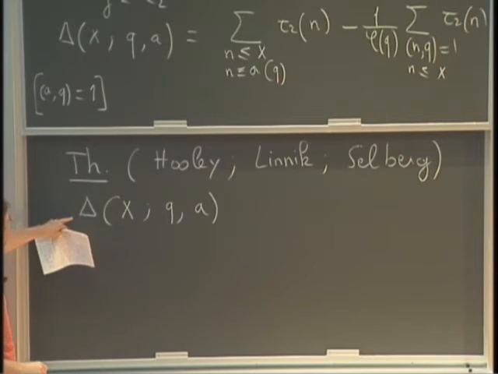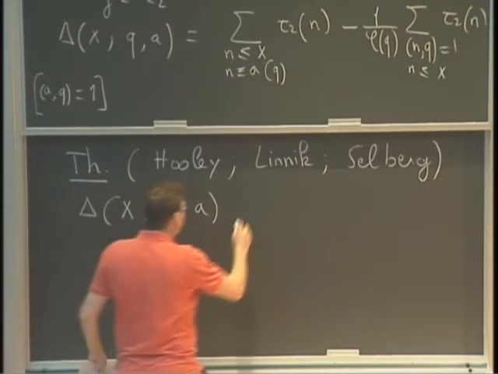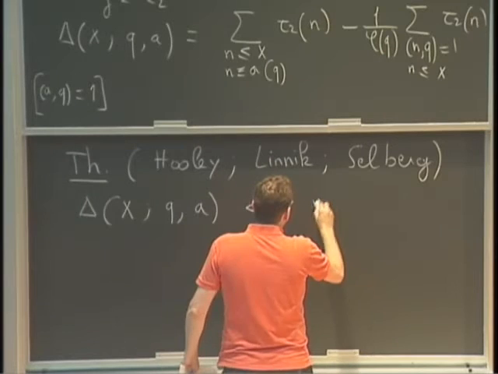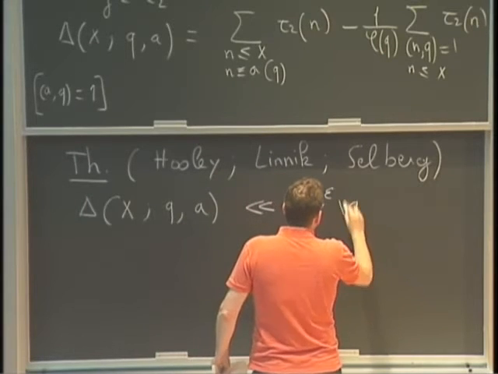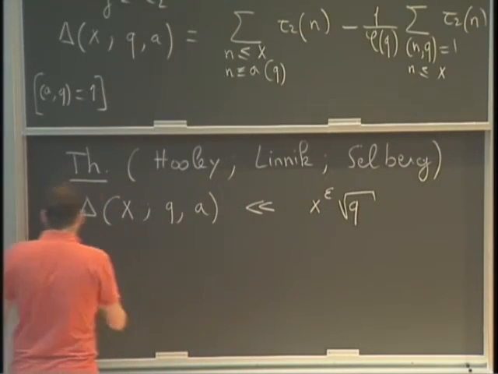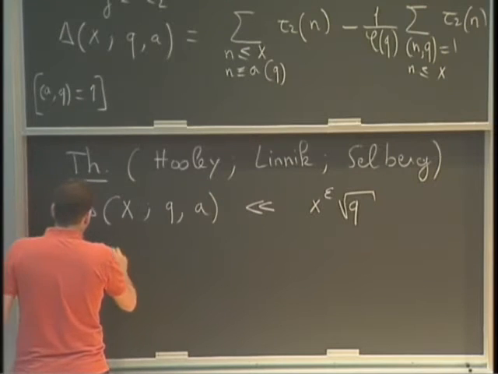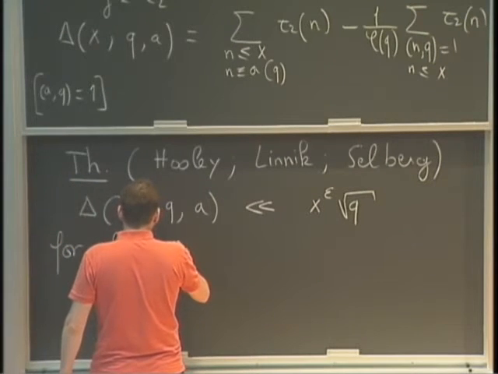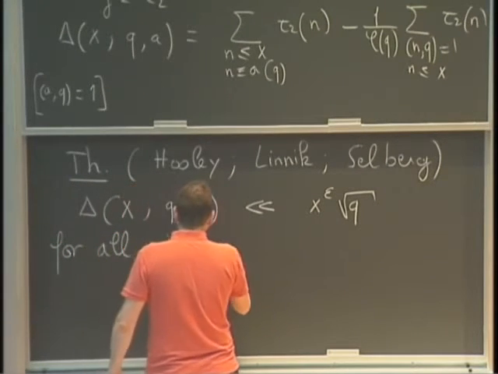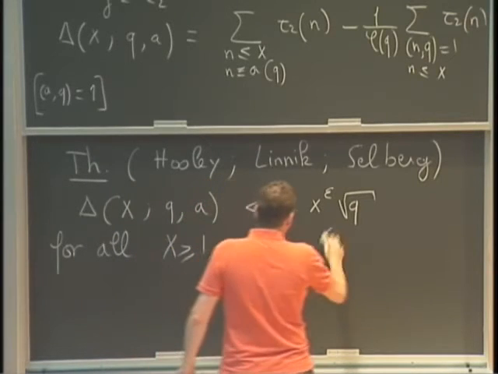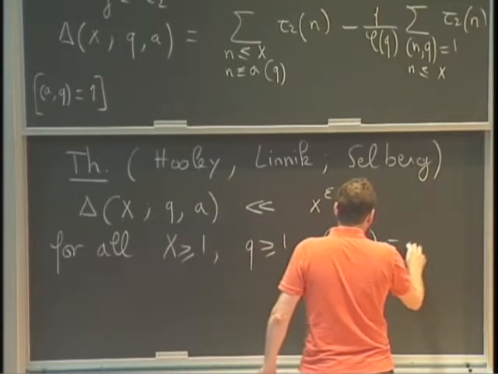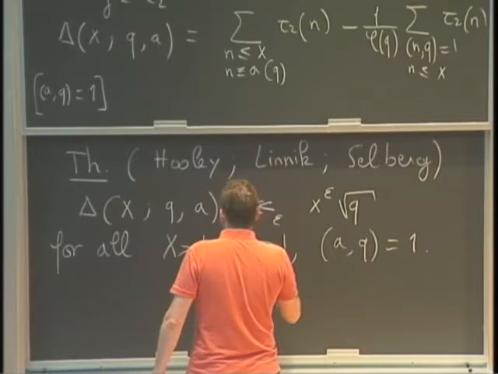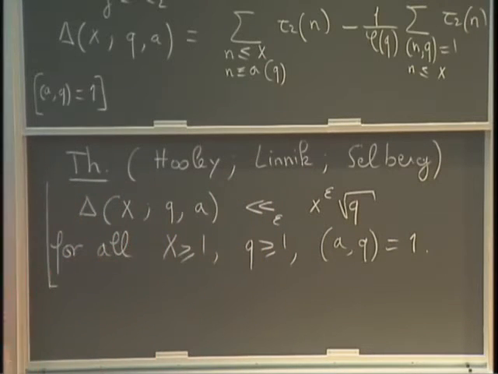So it's a straight estimate uniform in x, q, and a, and it really takes the form x to the epsilon times square root of q, for all, let's say, x at least 1, q at least 1, a coprime to q. There's an implied constant in the Vinogradov symbol, but it depends only on epsilon.